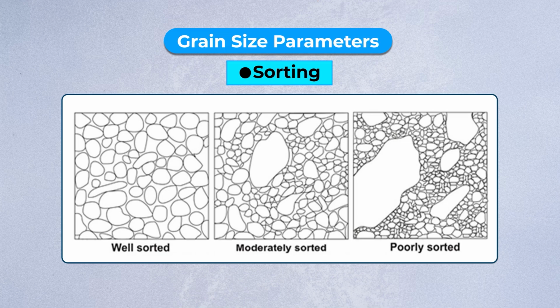In a poorly sorted deposit, the large grains are there and the smaller grains surround them, so you can call it poor sorting. All these three things tell us how the sediments have been affected by the transporting medium, like water in sea or river or lake, wherever the grains have been tossed from one end to the other.